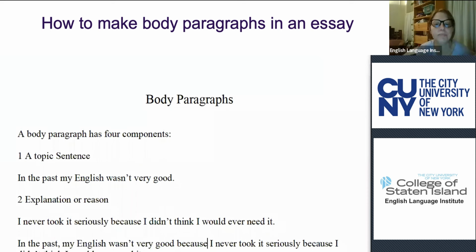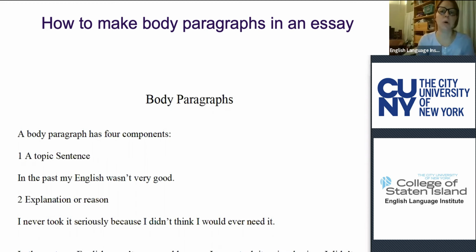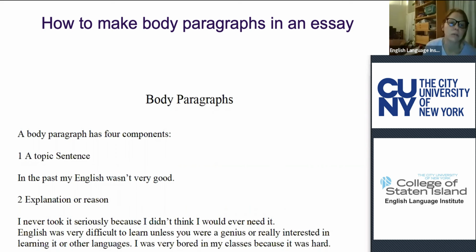And then we don't want to use because twice in a sentence, so we can change this because to a since. We can explain more. We can say, I never took it seriously because I didn't think I would ever need it. So there's some pretty good explanation.